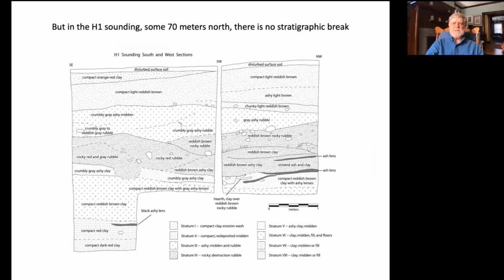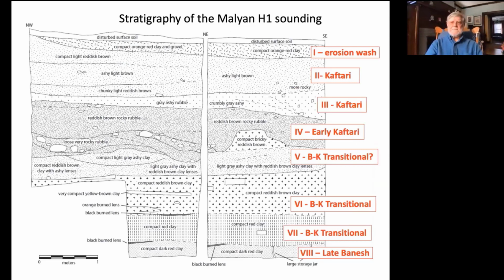This is the sounding, and here is the chronological assignment of layers based on the ceramics in there. So the H1 sounding goes from late Banesh at the bottom through a series of Banesh-Kaftari transitional layers.